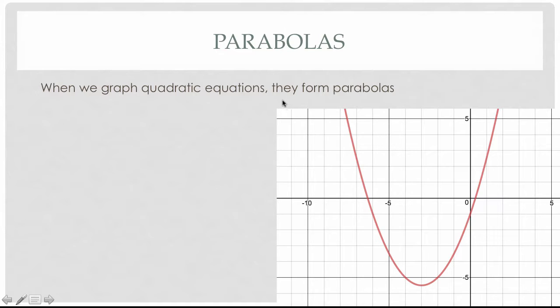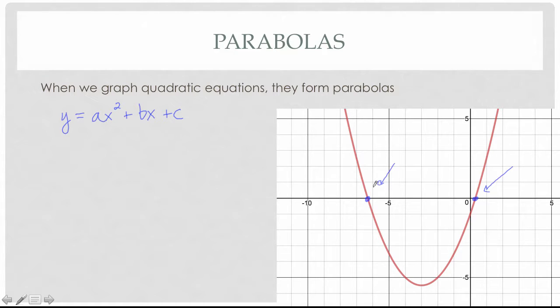So here we go. When we graph quadratic equations, remember things like y equals ax squared plus bx plus c. When we graph them, there are certain things we're going to look for that are characteristic of quadratic equations. We're going to look for x-intercepts. Right there on this parabola, we have 2 of them. It looks like a little u, right?